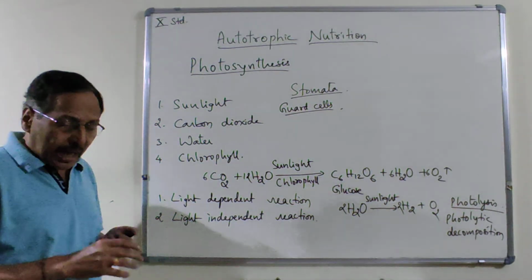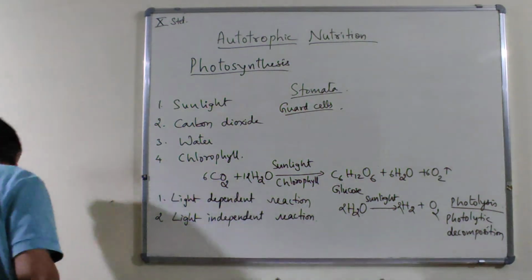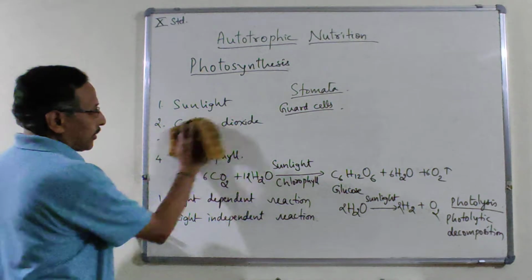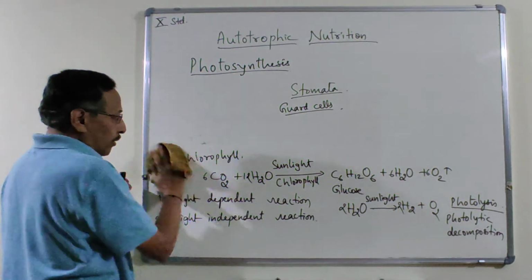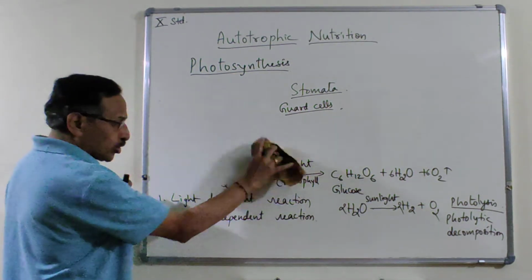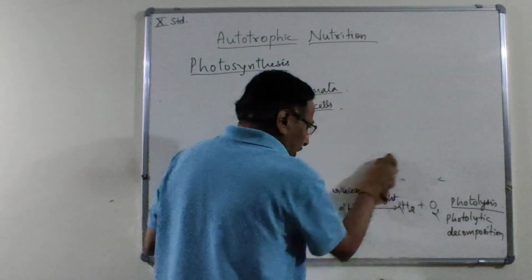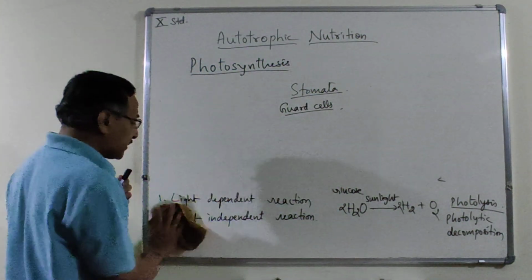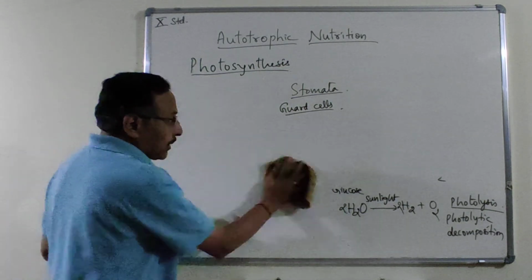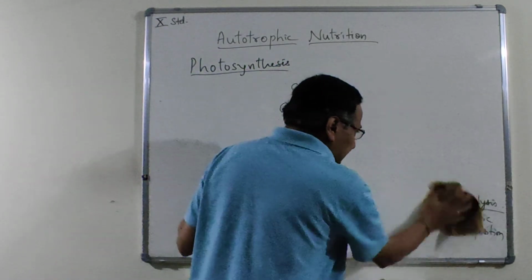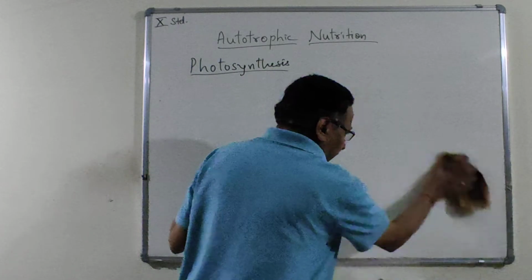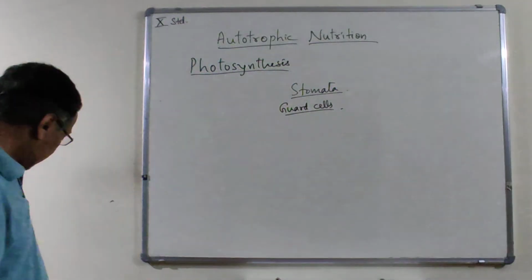These guard cells are bean-shaped structures which open and close depending on the presence or absence of water. Means what? These guard cells will be having the chloroplasts.